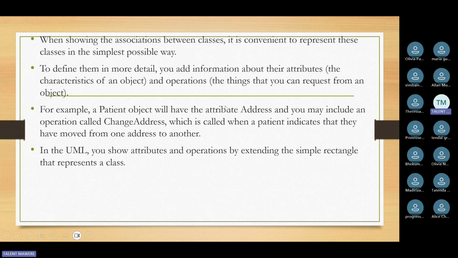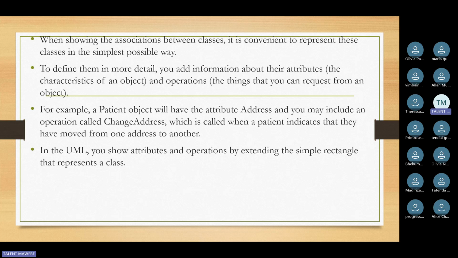When showing association between classes, it is convenient to represent these classes in a simple form. You can, of course, define the class in more detail, but at a later stage. Initially, you just start with the class name. You don't even have to mention the attributes and so forth.